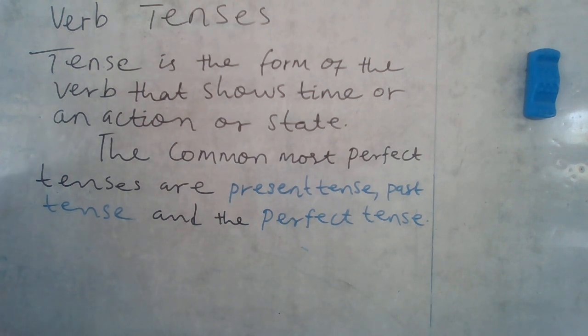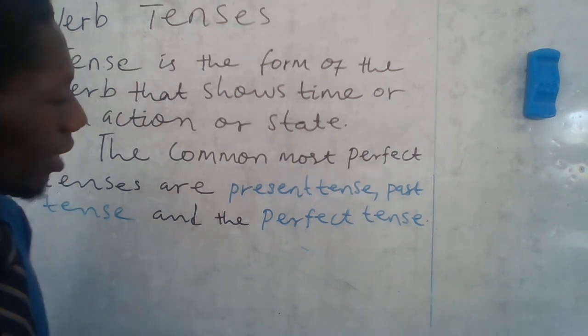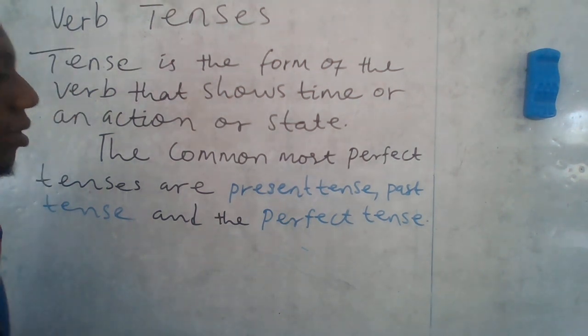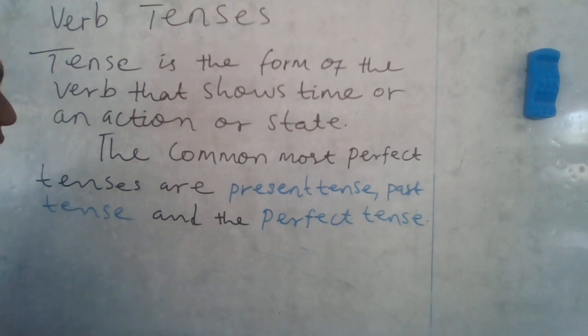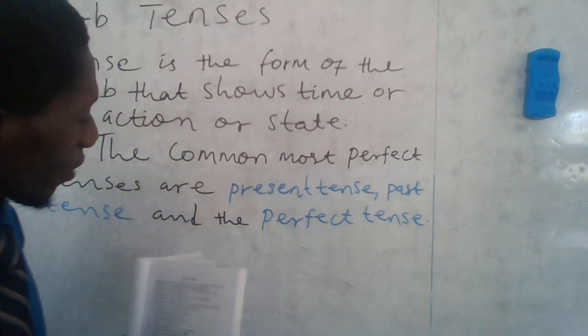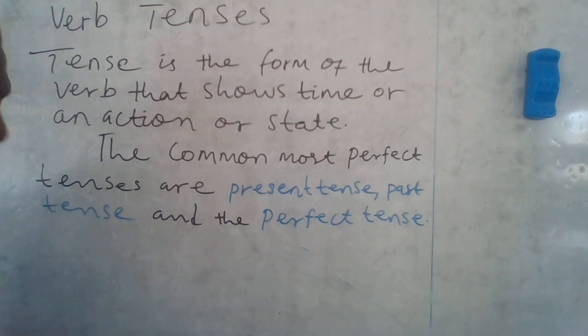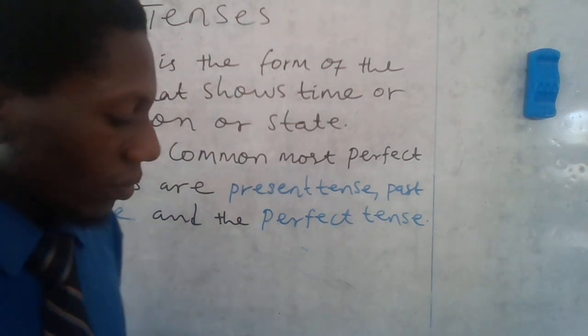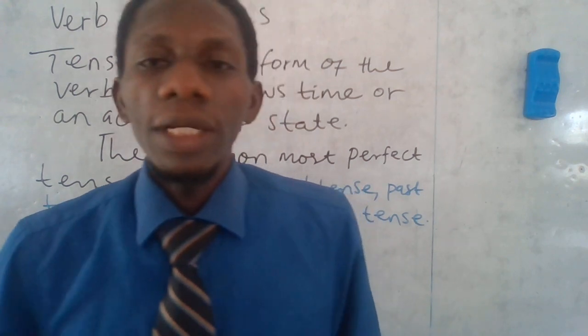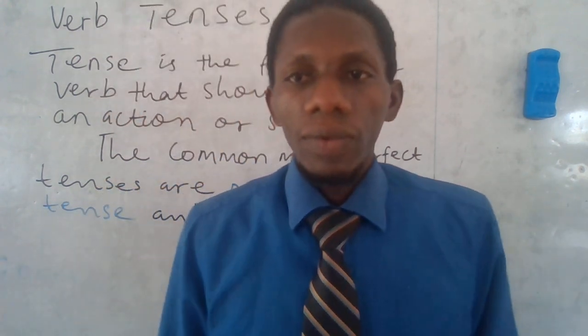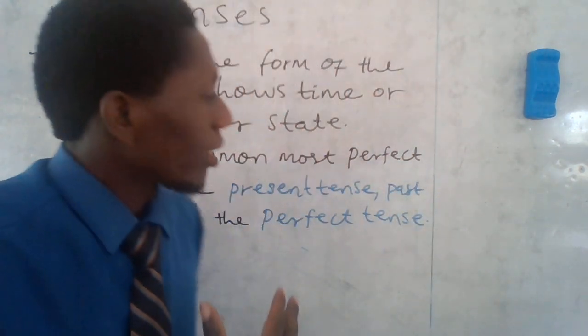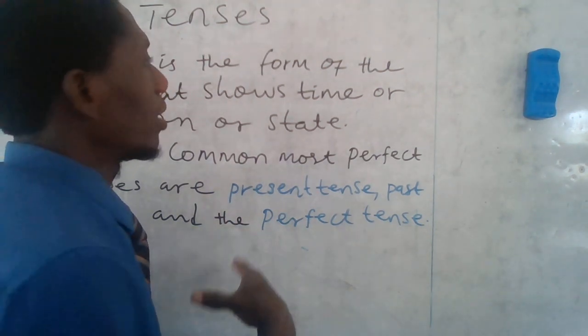Okay, so these tenses that you see here are used in everyday life. As far as you're communicating in English language, you have to make use of them. So they can change verb forms. You know, the verb form changes in different ways when we try to make use of these tenses.